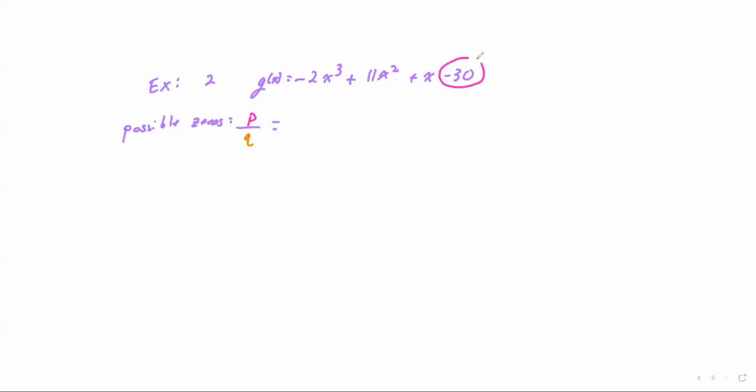P is going to come from the constant term, which is typically the last term. But if there's no constant term, meaning maybe it just stopped at x, then we can't continue. It has to have a constant term. In this case, it's negative 30. Now we're just going to look at the absolute value of that, so the absolute value of 30, and I'm going to think of all the factors of 30.